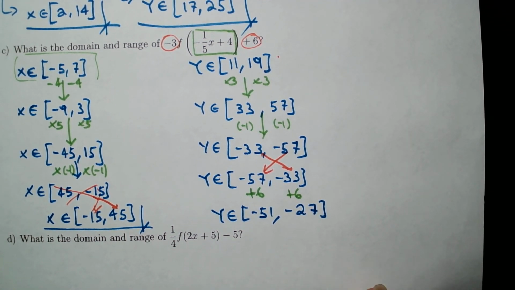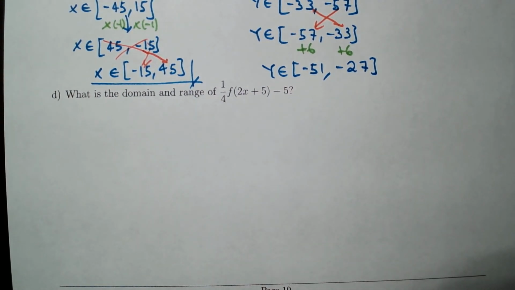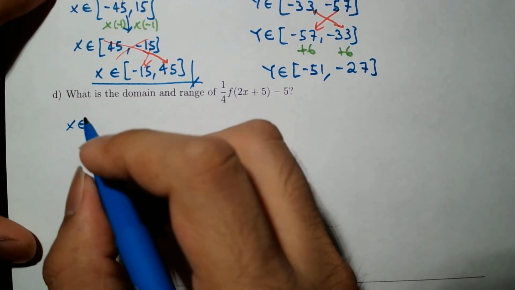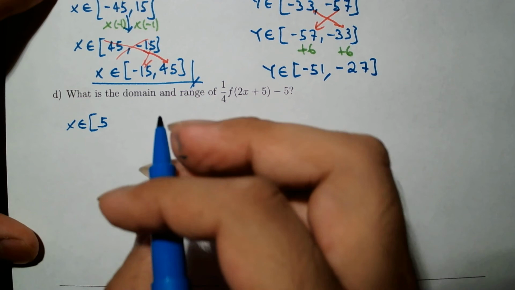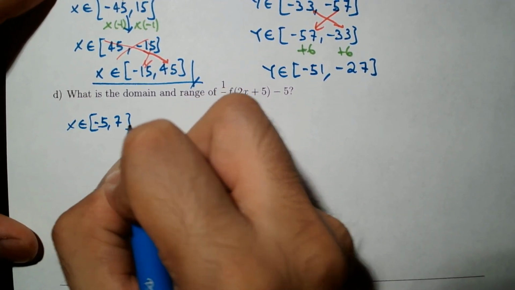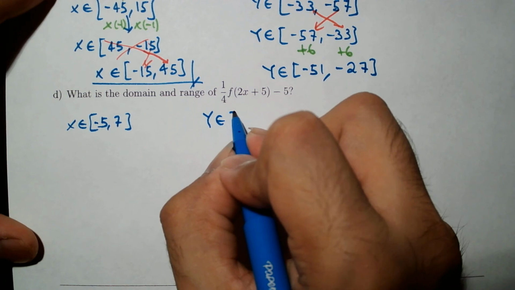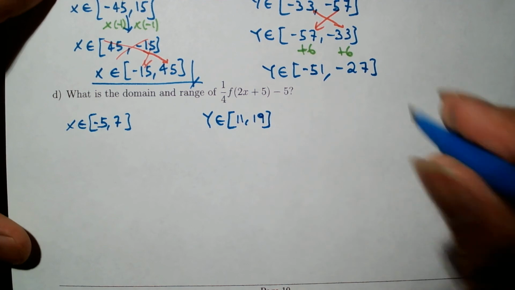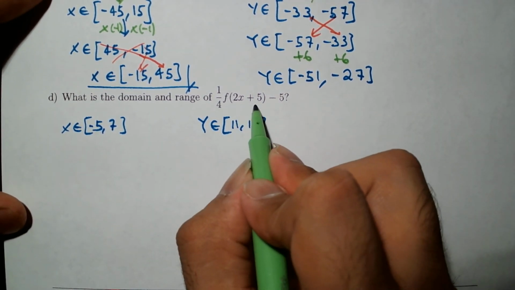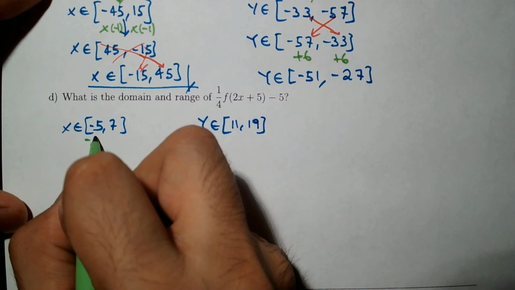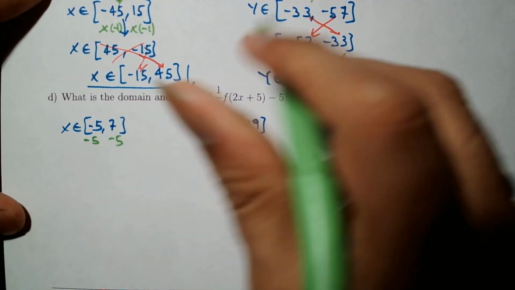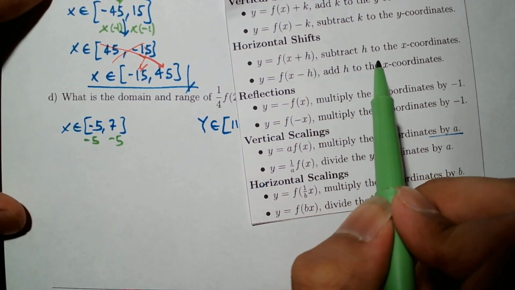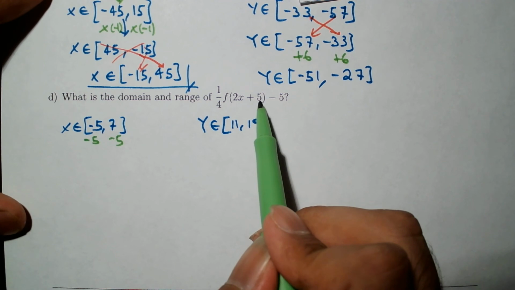The next one is going to be a little bit similar. So let's look at the domain, which is x belongs to -5 to 7, and the y's, which are going to go from 11 to 19. Okay, so I'm going to subtract 5, because this is what we do: this plus h, subtract h; plus 5, subtract 5.